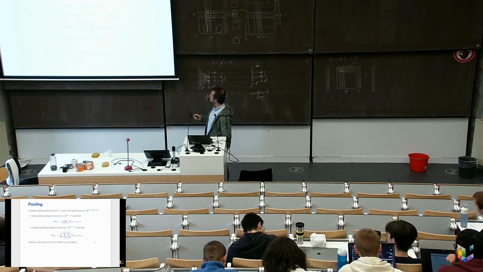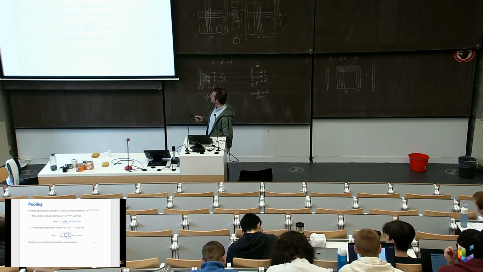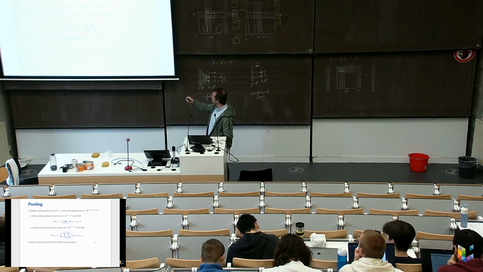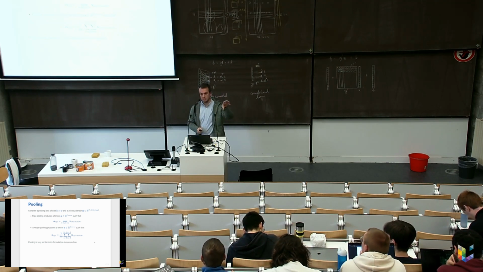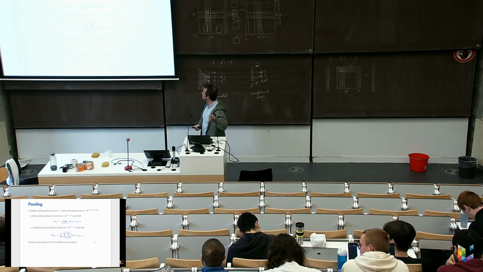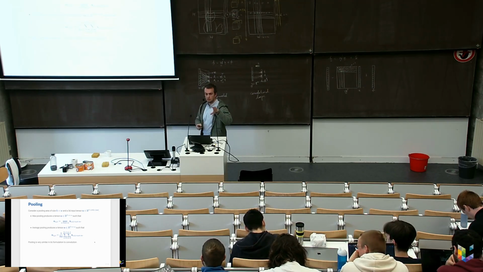And you say that each element of this output tensor, so the element at position Cji, is simply, for example, the maximum element in this subregion of the input. And this input region is of size h times w.